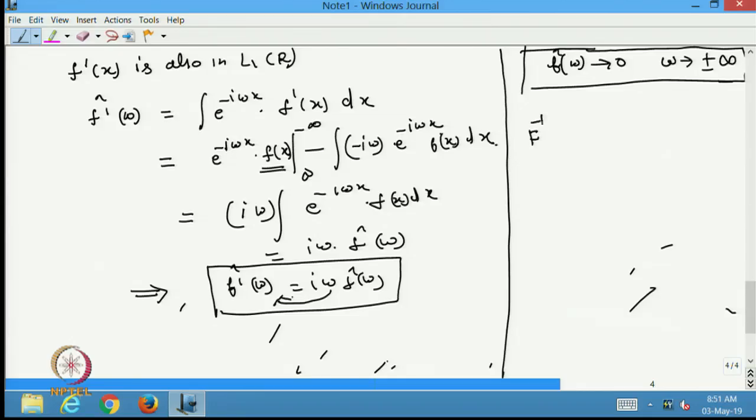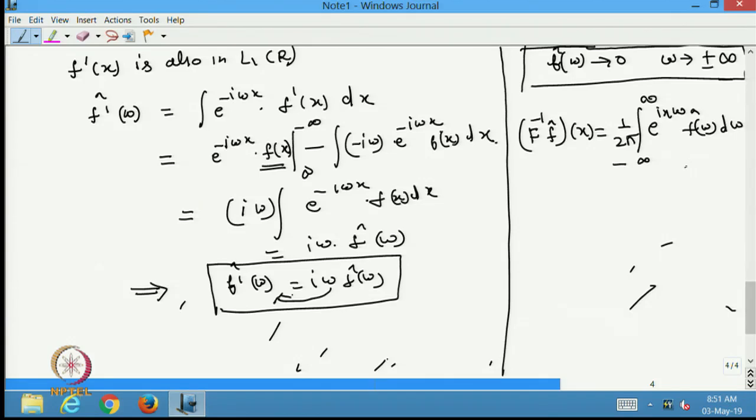So, now we are defining an inverse Fourier transform.